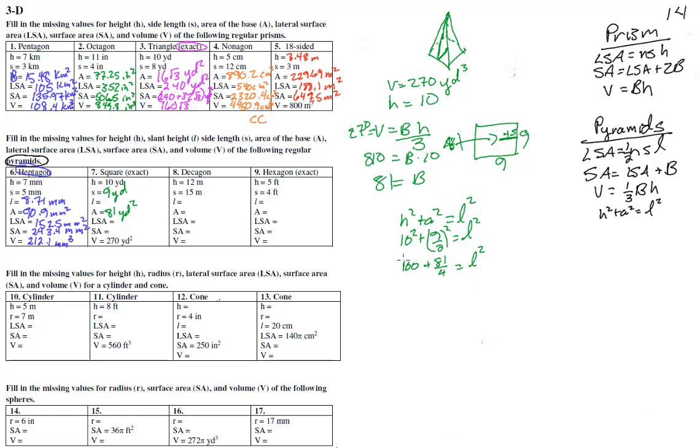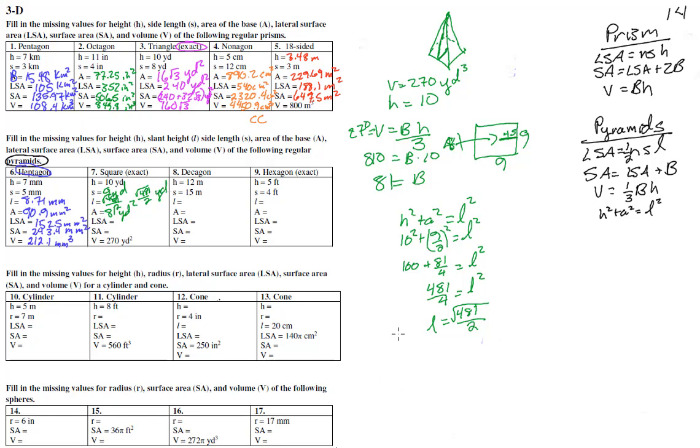Add those two together, and this is the same as 400 fourths. This is 481 fourths equals L squared. So L is going to be the square root of 481 over the square root of 4, which is 2. Oh boy, that's L. Wanted to keep it exact. Square root of 481 over 2. That's kind of hard to read. Square root of 481 over 2, and that's going to be in yards.